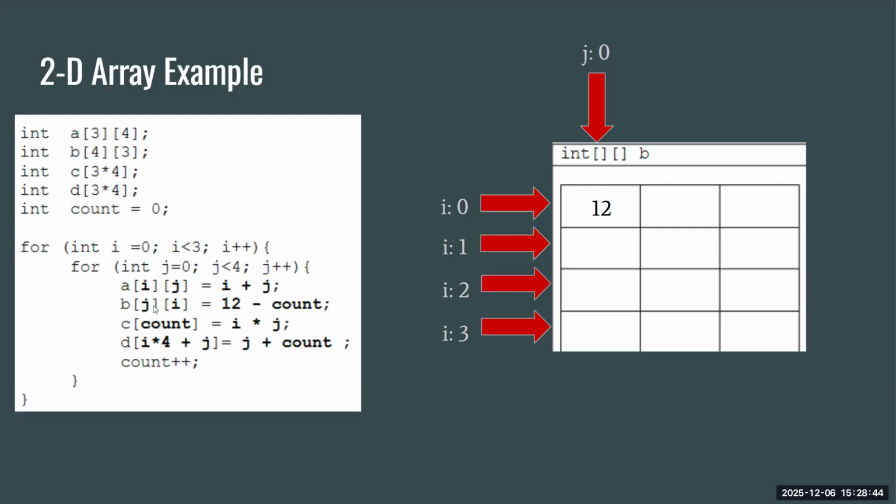And then for the next iteration, we're going to move on to the next row, which is j equals 1.